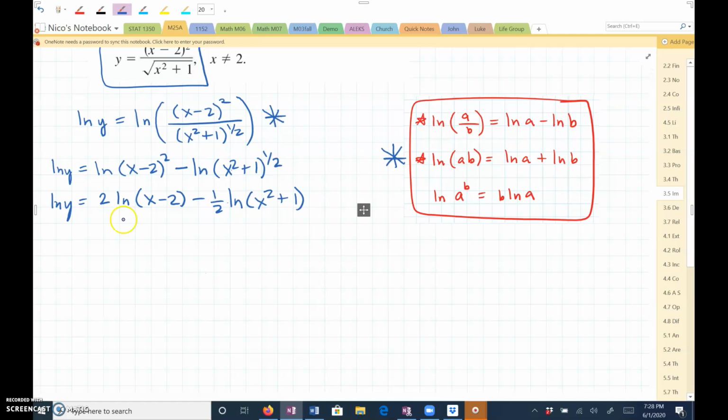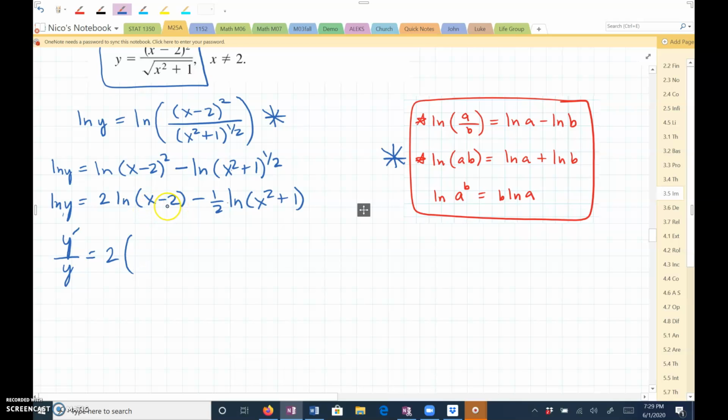And let's see, now I can differentiate, okay? So this right here, the natural log of y, if I take the derivative of that, that's going to be y prime over y. This side is going to be 2 as the constant.